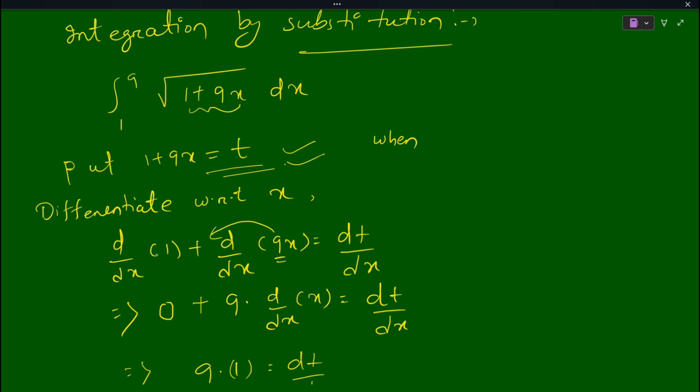So when x is equal to 1, what is the value of t? The t value will be 1 plus 9 into 1, that is 10. Now, the upper limit of x is 9. So when x is equal to 9, the value of t would be 1 plus 9 into 9, that is 82.